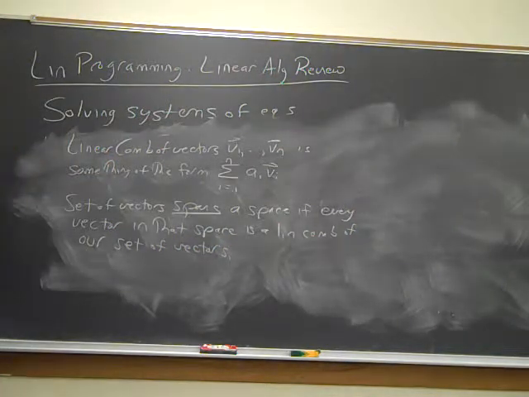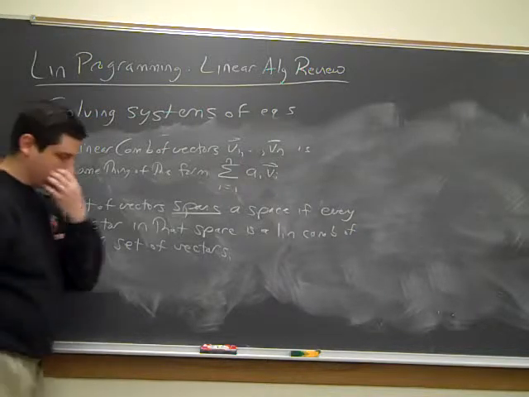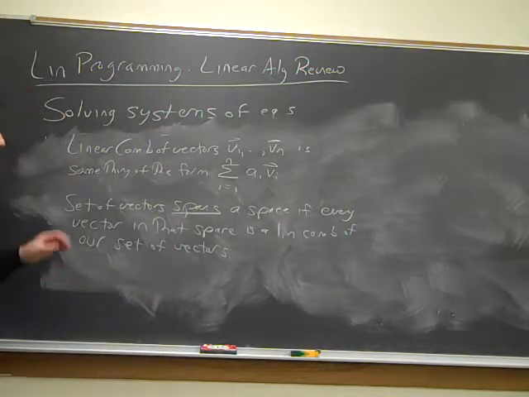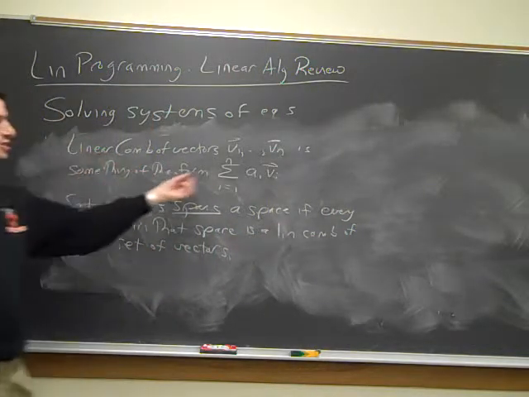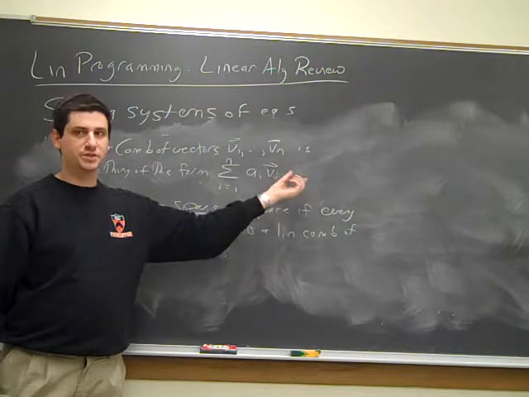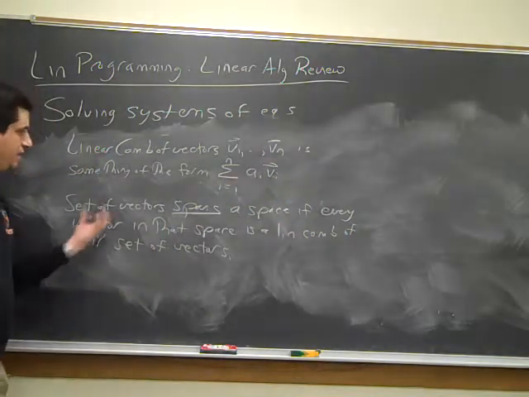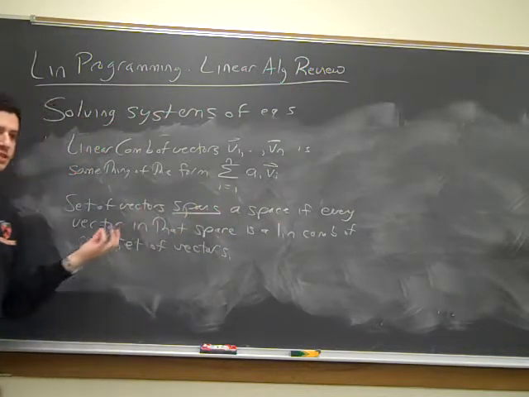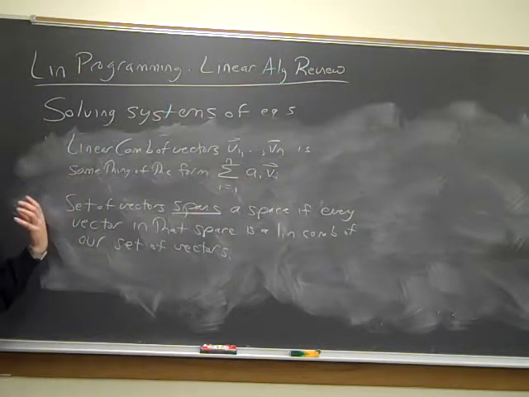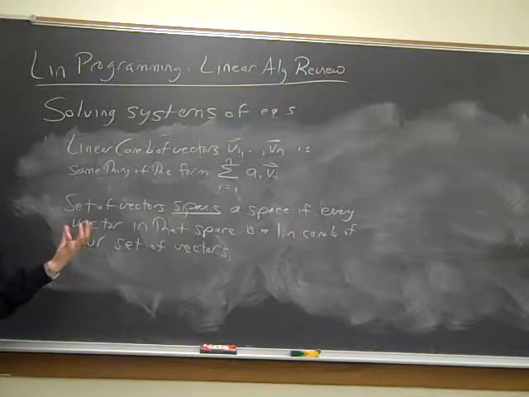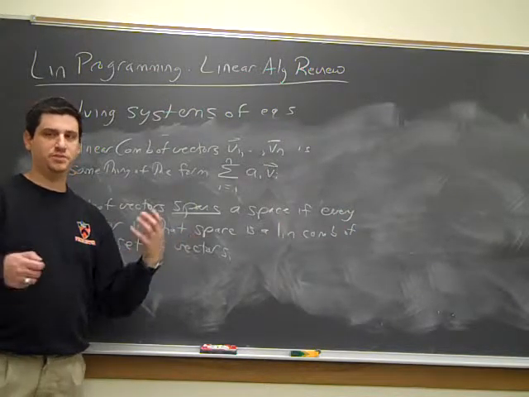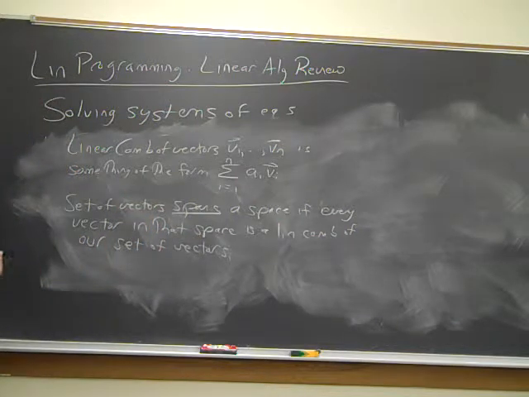Sometimes it's actually useful to have extra information. Sometimes if you're using satellites and trying to find your position, you get more information than you need. So linear combination is just collections of sums of vectors. And then we say that combination is going to span a space if everything in the space can be written. So we just showed the vectors v1, v2, v3 from before span R2, they span the plane.